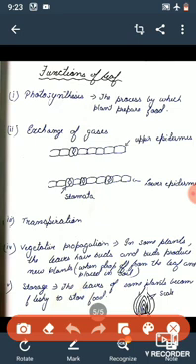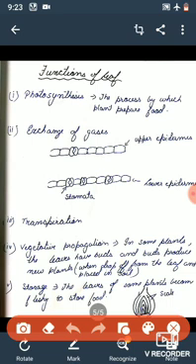Then venation, reticulate venation and parallel venation. Then phyllotaxy, of which there are basically three types: opposite, alternate and whorled. And at the last we studied the functions of the leaf. The five main functions were photosynthesis, exchange of gases, transpiration, vegetative propagation and storage.